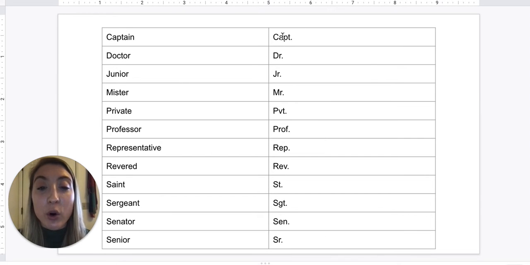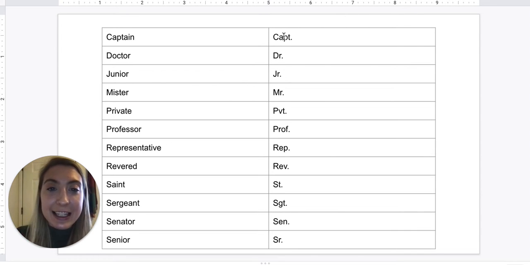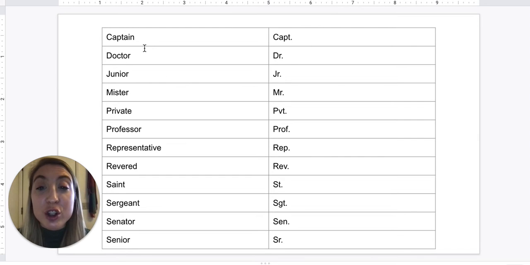C-A-P-T. Of course, the first letter is always capitalized, and it ends in a period. Just like the days of the week and the months of the year, the first letter is capitalized and the ending is a period. So doctor, it's just D-R, the first and the last letter, period. Same with junior, the first letter and the last letter, J-R, period.